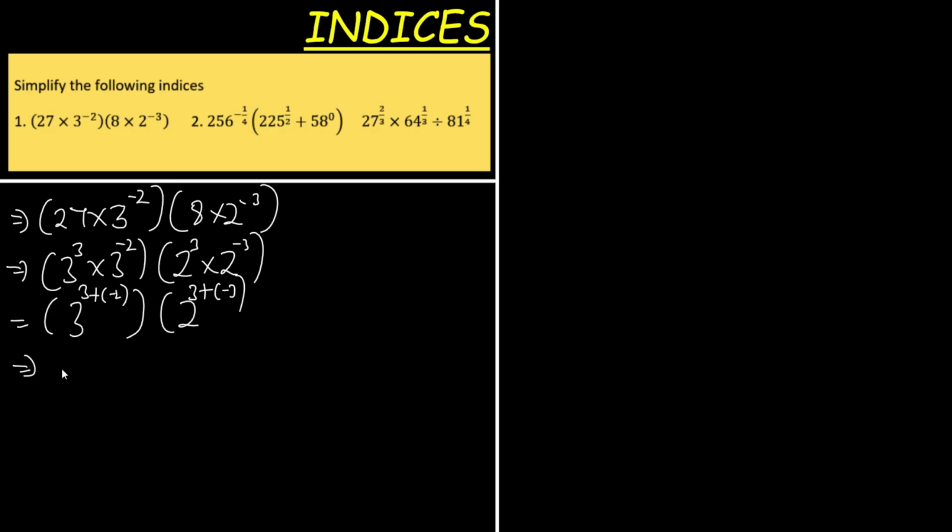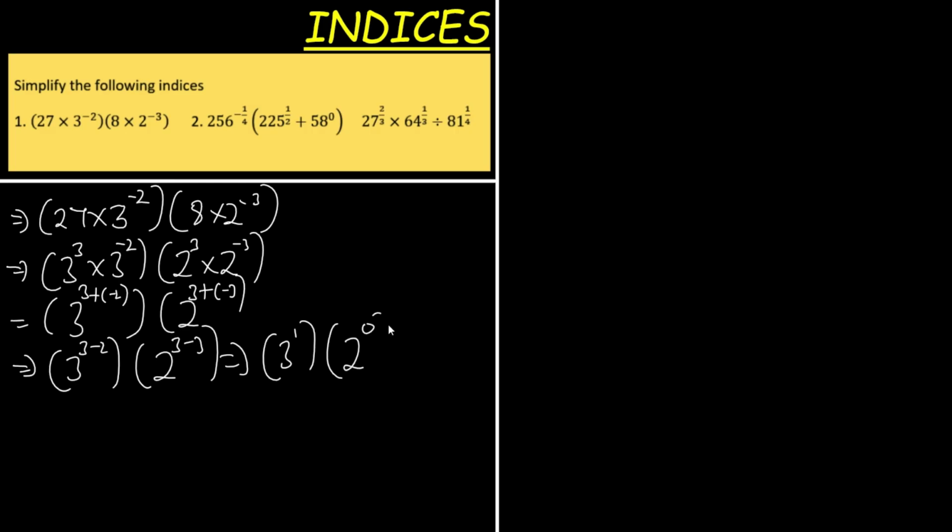And then over here, 3 plus negative 2 is 3 minus 2, and over here you're going to have 3 minus 3. 3 minus 2 is 1, so we're going to have 3 raised to the power 1, and over here too, we're going to have 2 raised to the power 3 minus 3, which is 0.